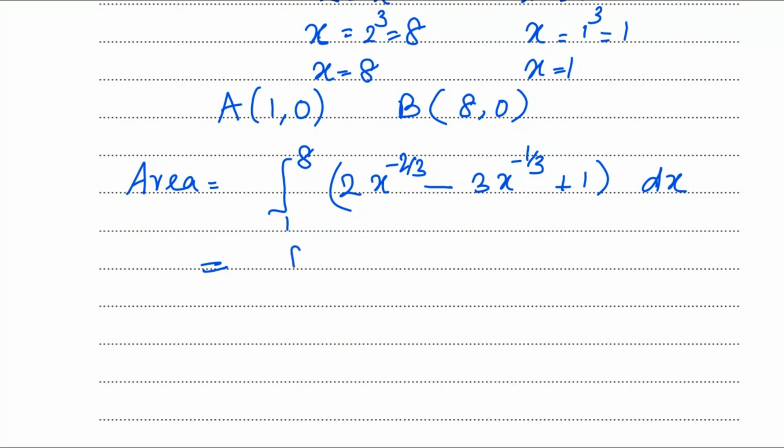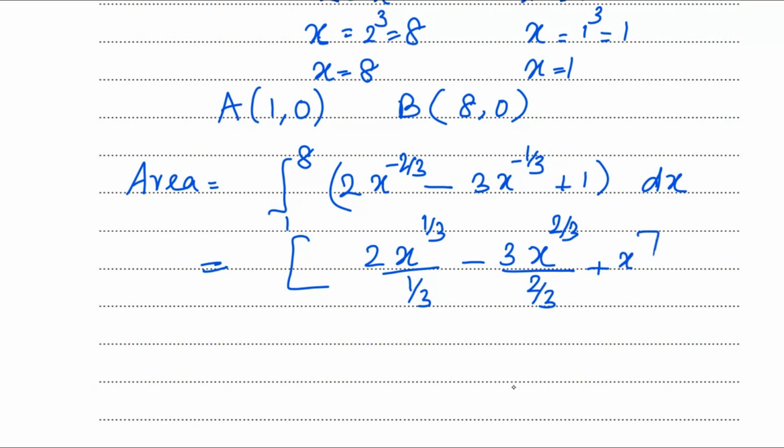So let's integrate only the curve equation. 2x power, raise the power of x by 1. So negative 2 over 3 plus 1 will give 1 over 3. Divide by 1 over 3 minus 3 times x power negative 1 over 3 plus 1 will give positive 2 over 3 divided by 2 over 3 plus x. The limit is 1 to 8.